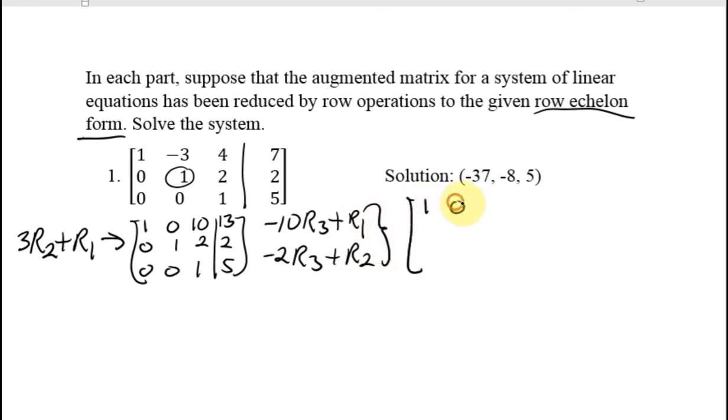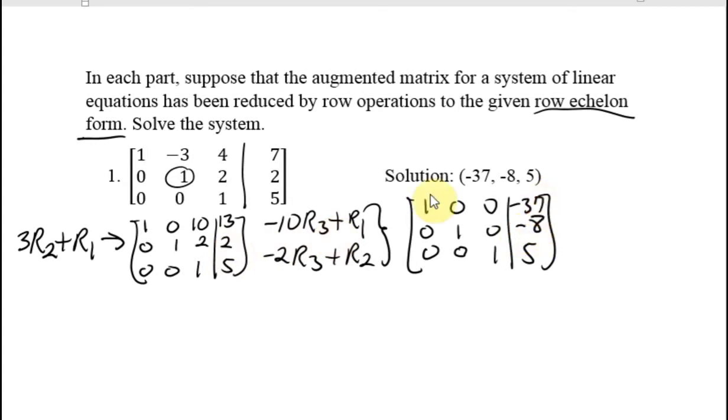Now we get this reduced row echelon form here. That 5 stays the same. Now let's go back. Negative 10 times this 5 is negative 50, plus 13 is negative 37, and then negative 2 times 5 is negative 10, plus 8 is negative 8.